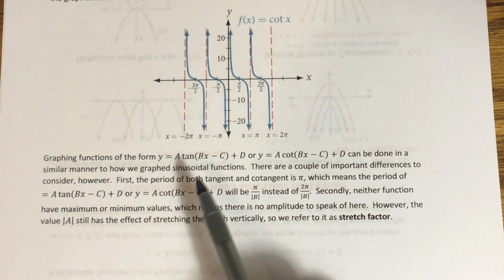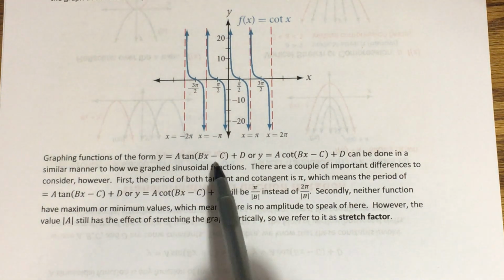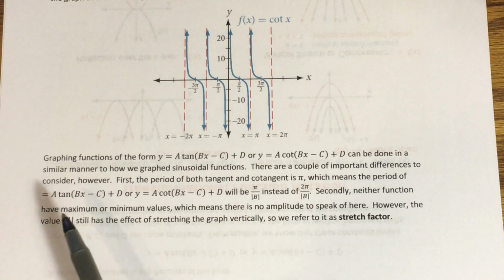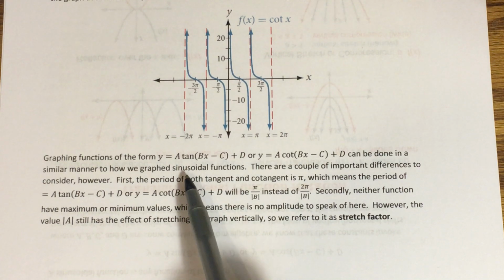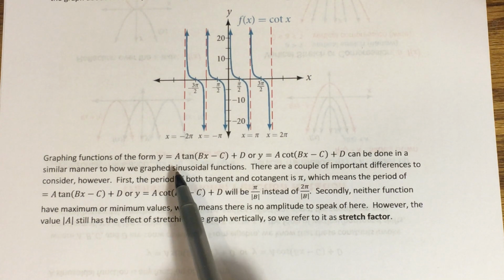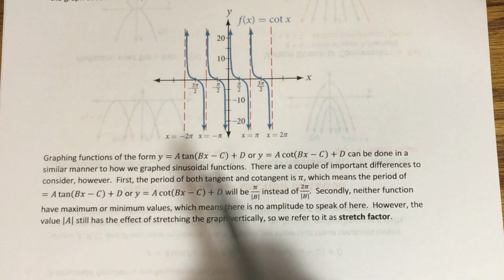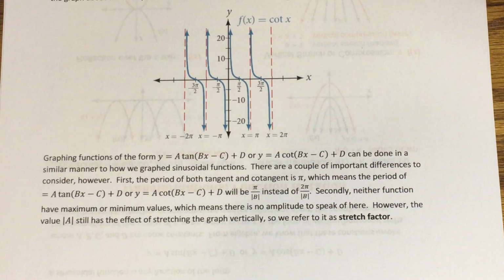Now, the effect that the a, b, c, and d have on the tangent and cotangent functions is very similar to the effects that they have on our sine and cosine functions. For example, b is going to affect the period of these graphs, just like it does for sine and cosine. C and b together are going to affect the phase shift of these graphs, just like it does for sine and cosine. D is going to affect the midline.